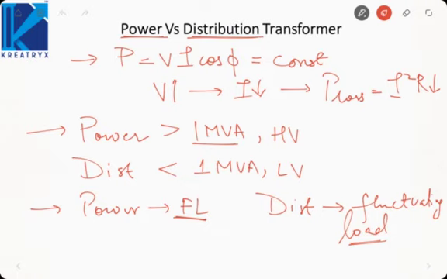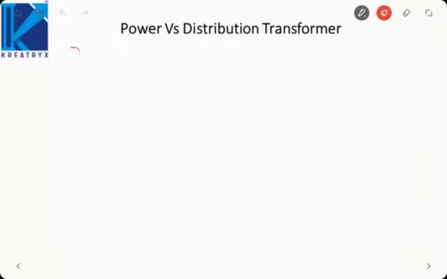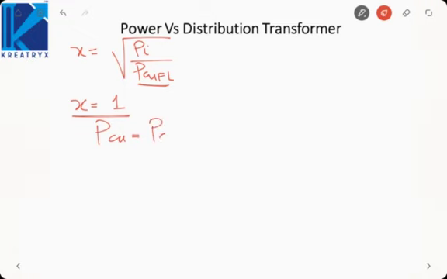Now for maximum efficiency in a single phase transformer, we saw x is equal to square root of Pi by P_cu full load. Now this power transformer is always operated at full load, so copper loss will be equal to full load copper loss. So here maximum efficiency occurs at x equal to 1, because copper loss is always equal to copper loss at full load.